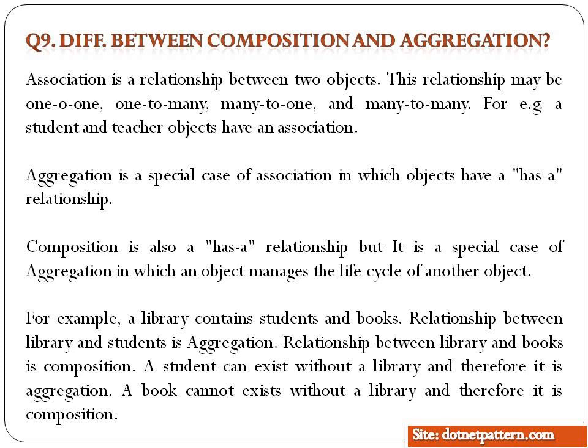Composition is also a has-a relationship, but it is a special case of aggregation in which an object manages the life cycle of another object. For example, a library contains students and books. A relationship between library and students is aggregation. Relationship between library and books is composition. A student can exist without a library and therefore it is aggregation. A book cannot exist without a library and therefore it is composition.